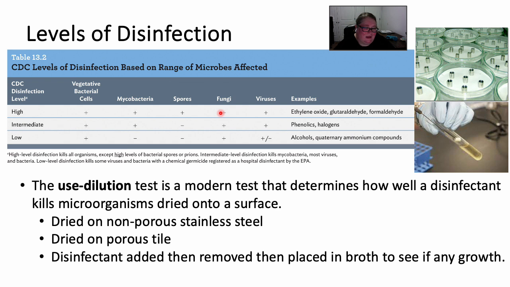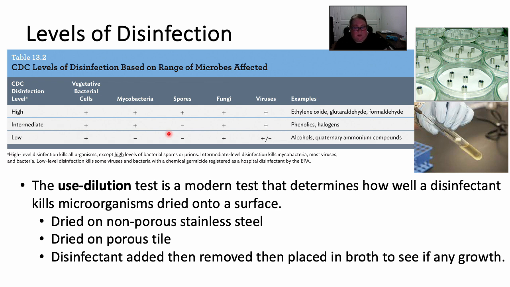Okay, we have in the intermediate level, this is going to be things like phenolics and halogens, so things like bleach. Okay, so we can see here they're going to affect everything but spores. Now, things that have low levels of disinfection are going to be things that affect normal cells, maybe some fungi, and maybe some viruses. So they're not going to touch our mycobacterium or our spores.